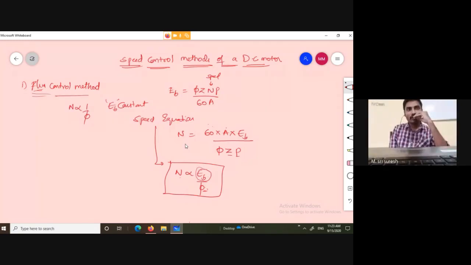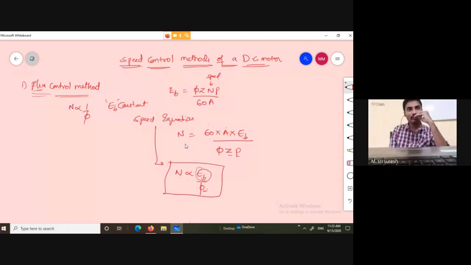In this control method, the flux is changed using a resistance. If the resistance in the field circuit is varied, the field current is varied. If the field current is varied, the flux will also change, and if the flux changes, the speed will also change. So this is the flux control method. We will learn about it in detail later.